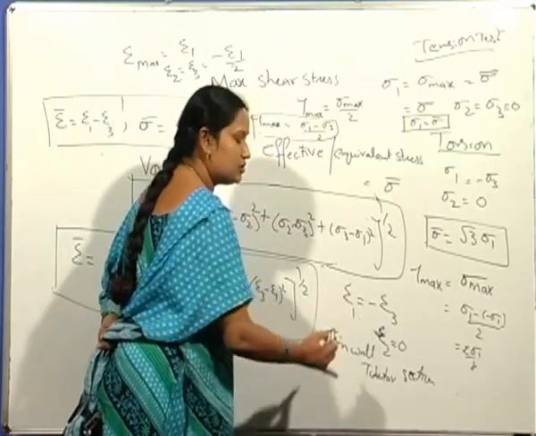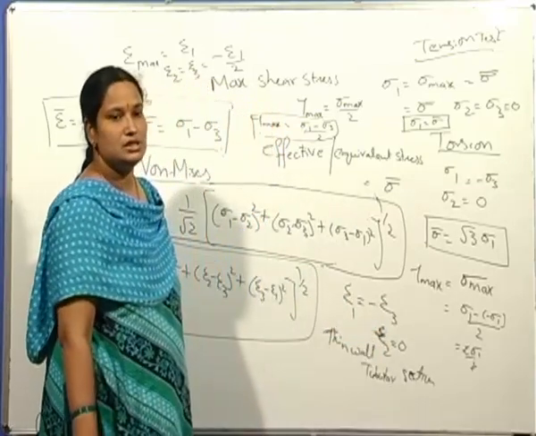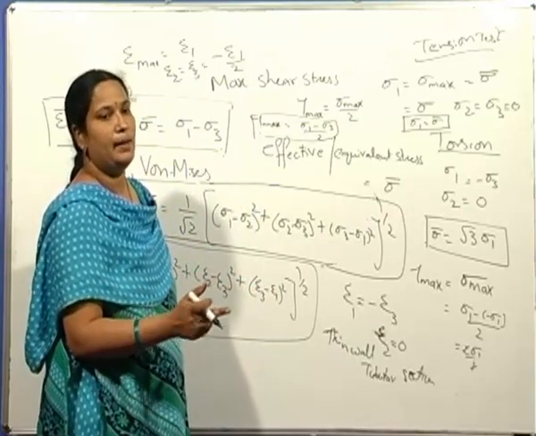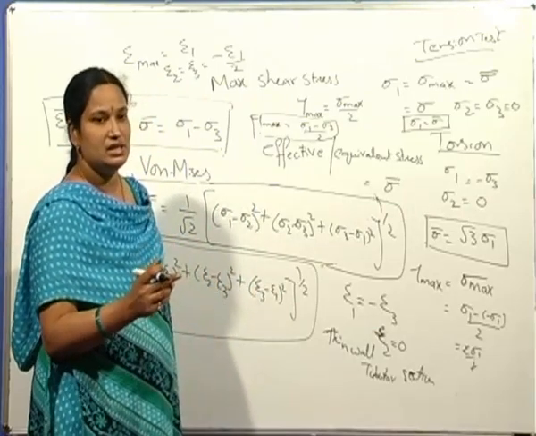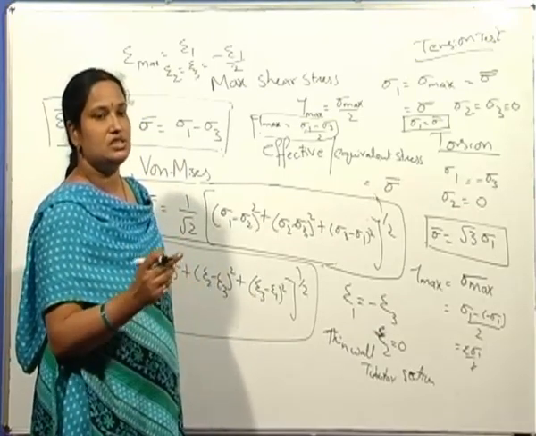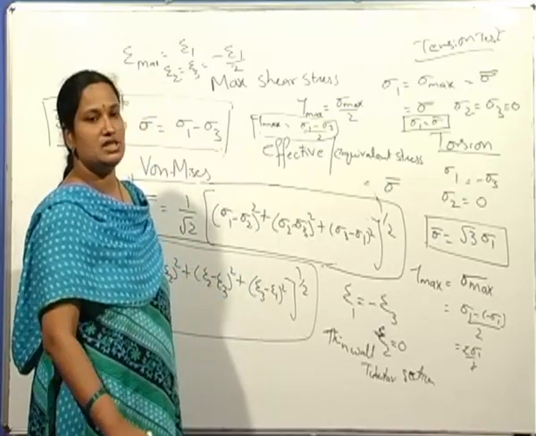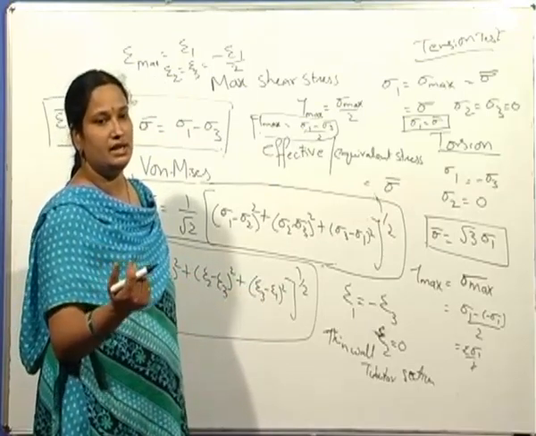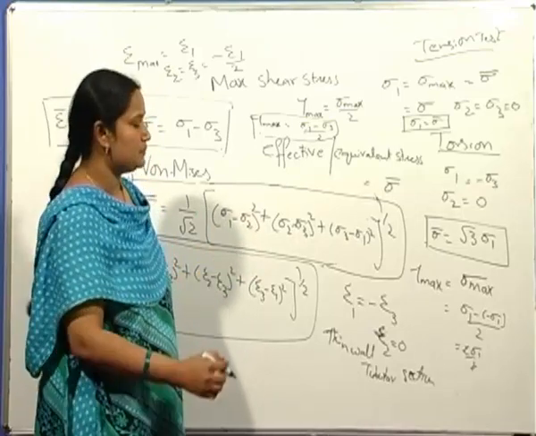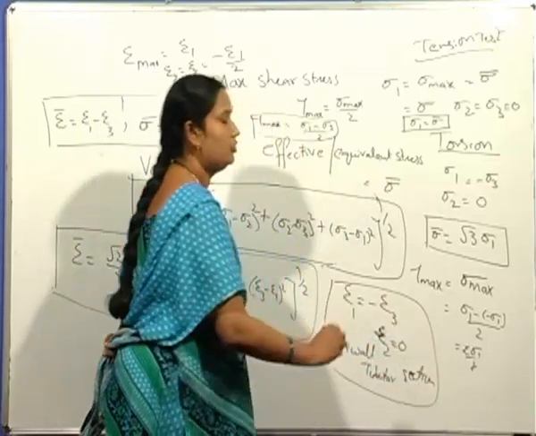We have strain epsilon 1 is equal to minus of epsilon 3, and in the other direction it is 0. So this situation is similar to that of plane strain and plane stress, where plane strain is strain along one direction is 0, and plane stress is stress along one direction is 0. So for this case of thin-walled tubular section, stress along the intermediate direction, along the second direction, sigma 2 is 0, and the strain along the thickness direction is 0, that is epsilon 2 is equal to 0. So this is for the case of torsion.